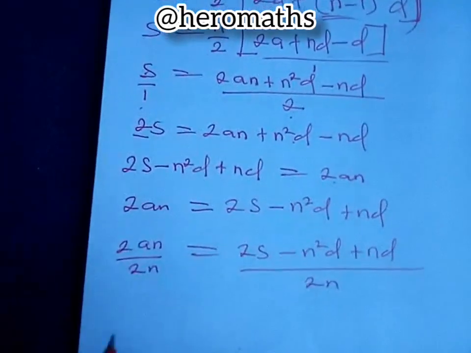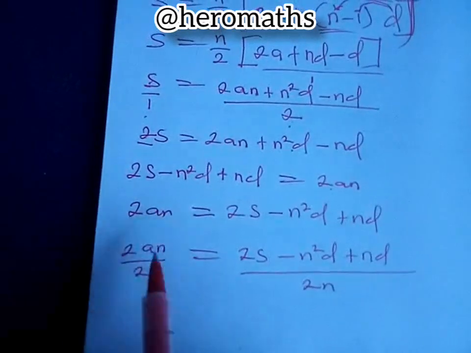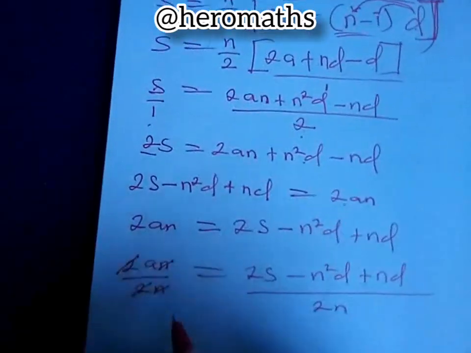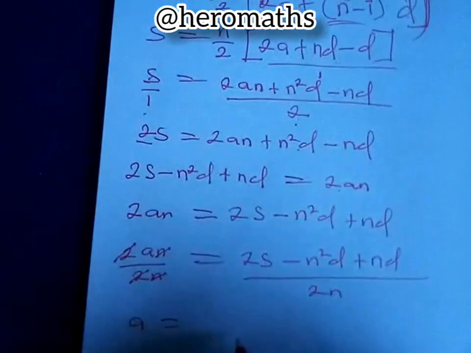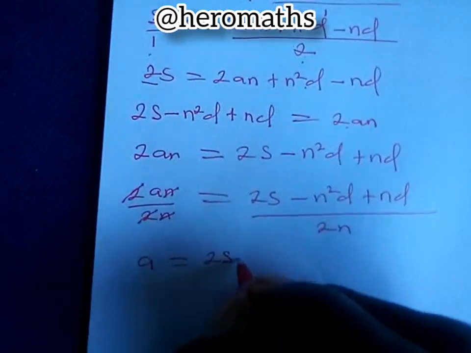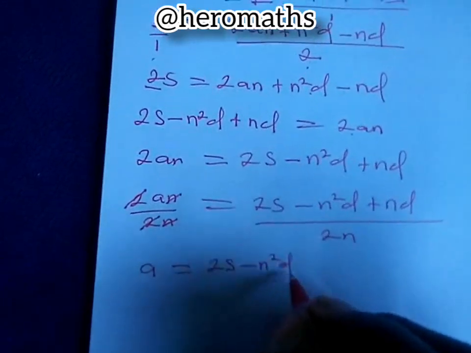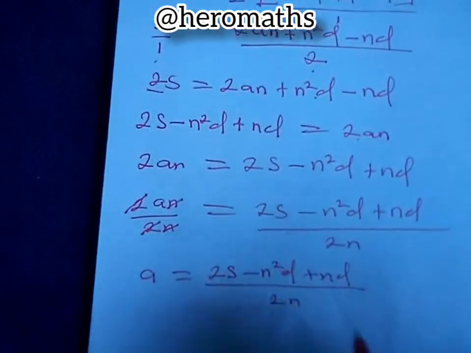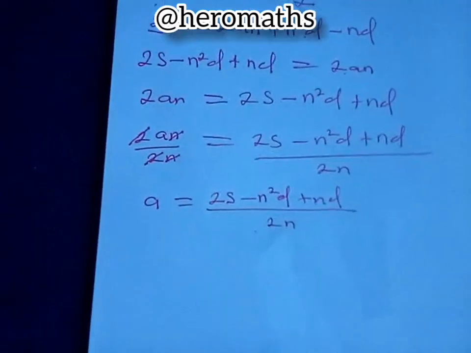We are dividing both sides by 2n, and then by doing so, 2 will go with 2, n will go with n. We are left with a is equal to 2s minus n squared d plus nd divided by 2n. We can just stop here.